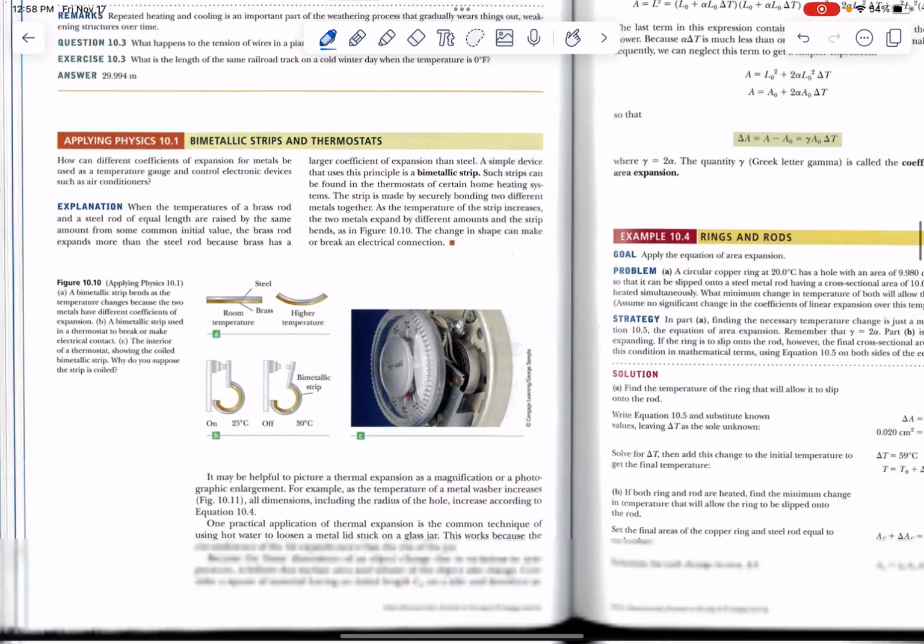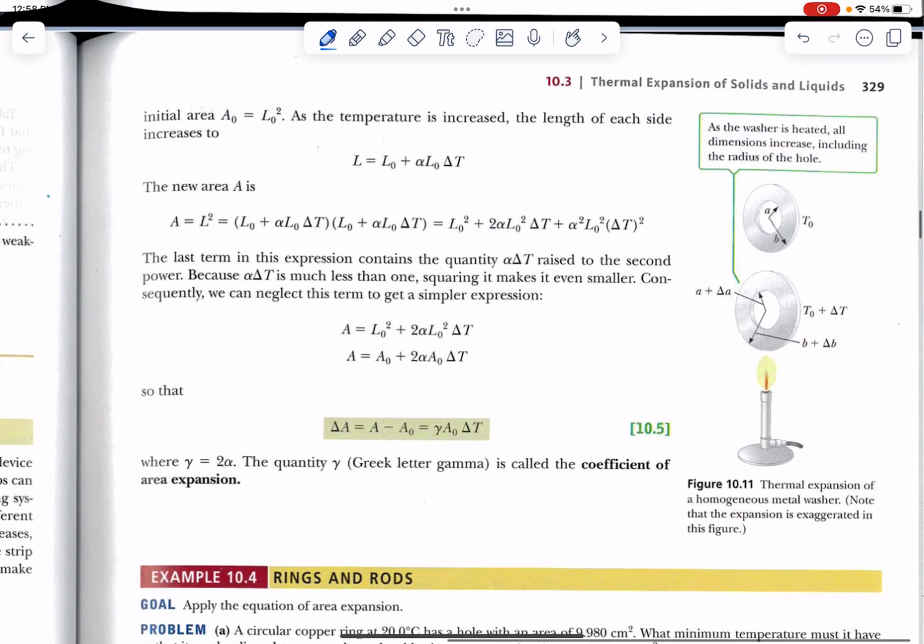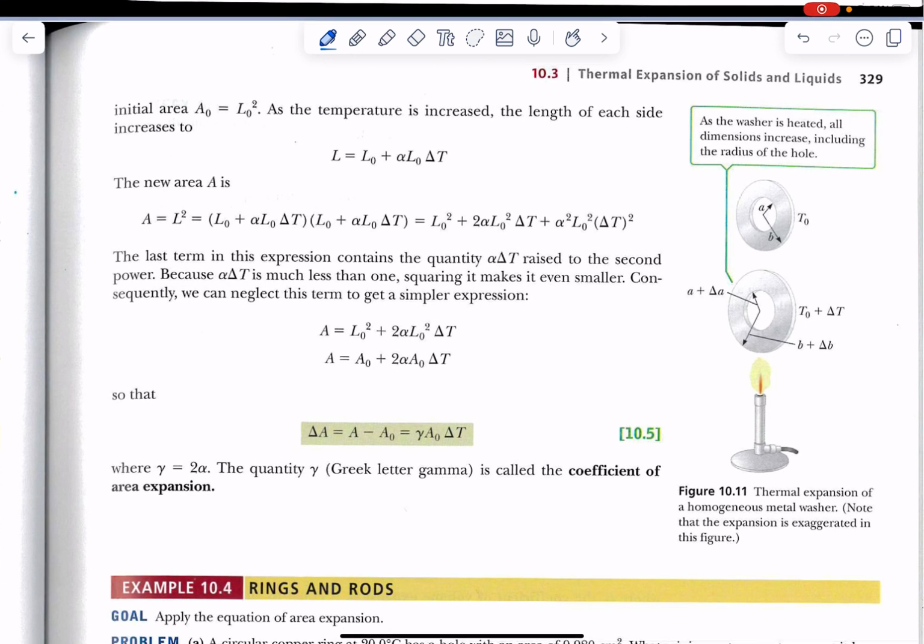And we will demonstrate the bimetallic strip in a thermostat later in class, if we haven't already done so, and also show you this as well. But here you can see your 2 times alpha when we're talking about area. And then down here, we have the coefficient of area expansion and the coefficient of volume expansion.